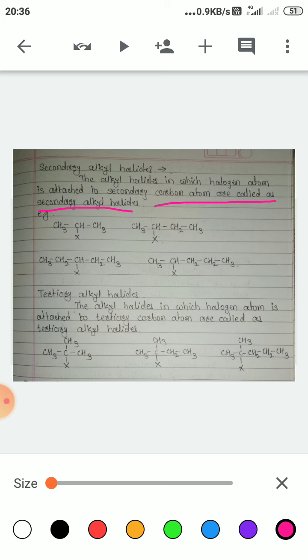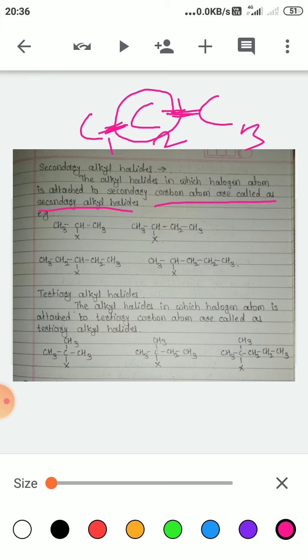Now what is meant by a secondary carbon atom? If the carbon atom is attached to two other carbon atoms, consider this middle carbon atom. This carbon atom is attached to this carbon atom and this carbon atom. That means if we number here 1, 2, 3, the second carbon atom is attached to carbon number 1 and carbon number 3. Therefore this carbon atom is called a secondary carbon atom.